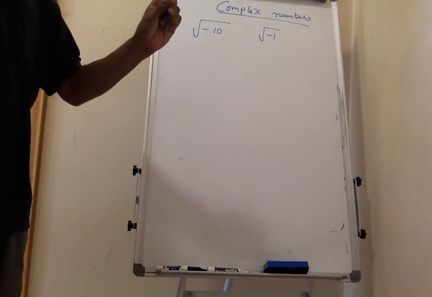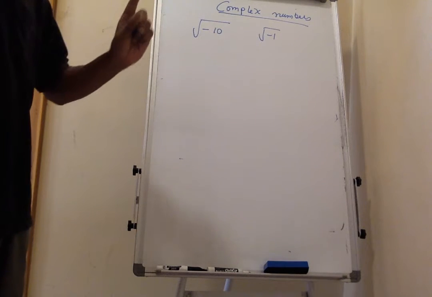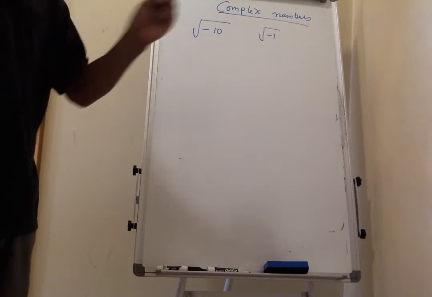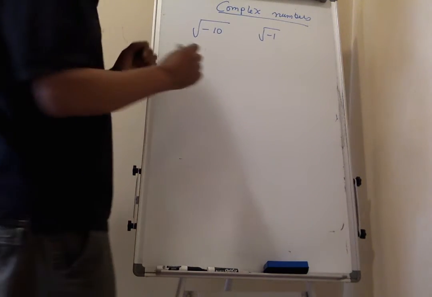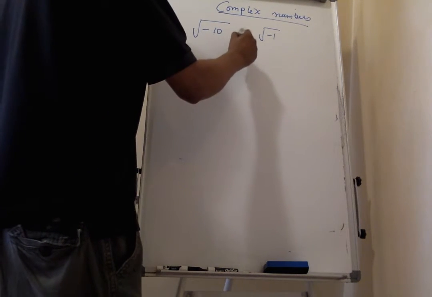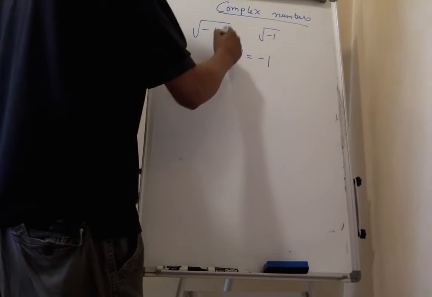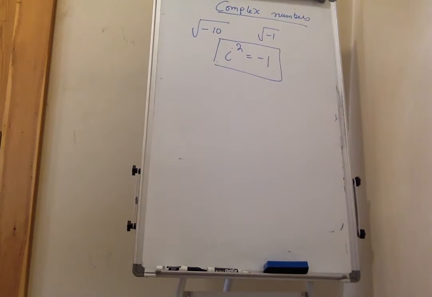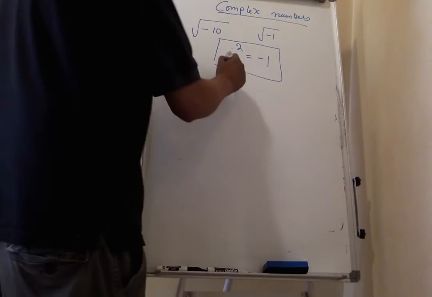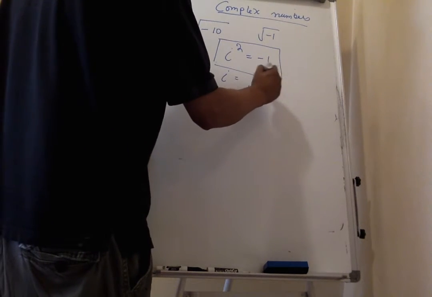Now, meaning what? If I want to give meaning to this, I have to use the complex number. In the complex number, what you need to know is i squared is equal to negative 1, or i is the square root of negative 1.